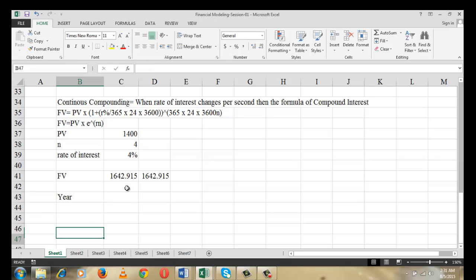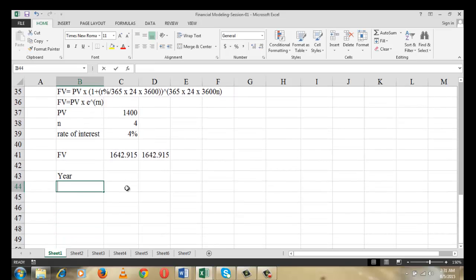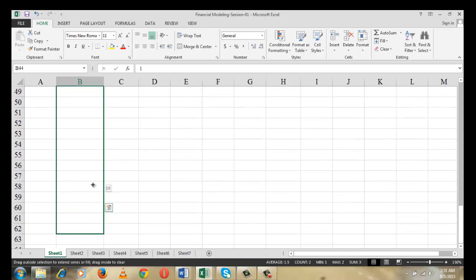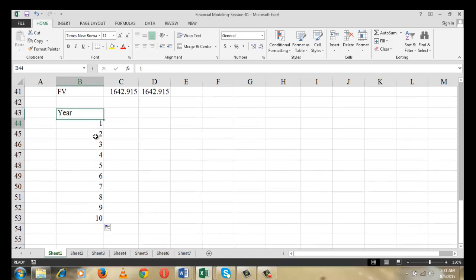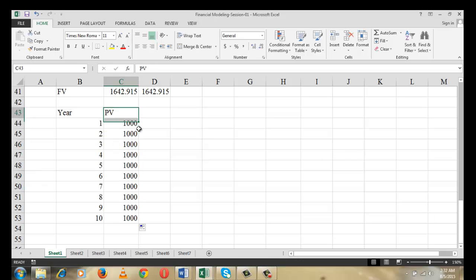Suppose 1, 2, you can select 1, 2. Suppose, for example, I deposited money for 10 years in the bank, and every year I deposited around 1000 rupees in the bank.